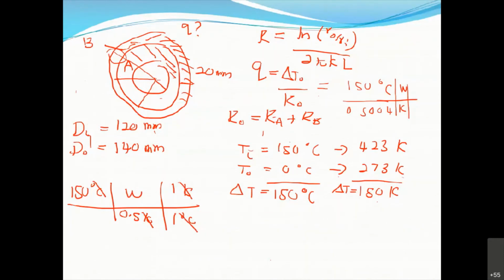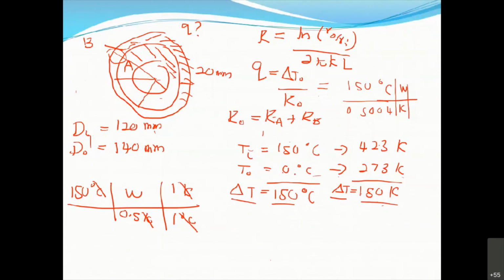The value of delta T here is the temperature difference between temperature inside and temperature outside. This is also temperature inside, this is also temperature outside.